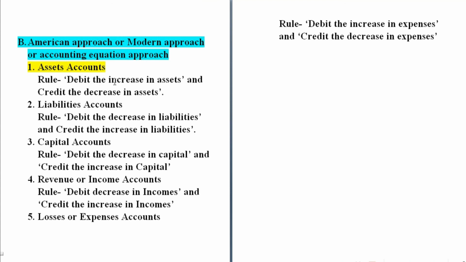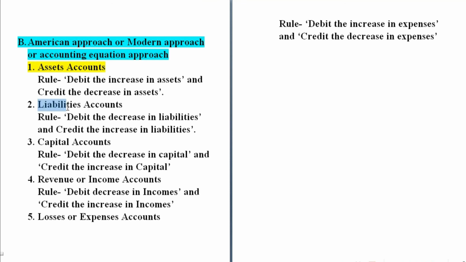Whenever your asset is increasing, like when you're buying a new machine or new furniture, you debit it. And whenever your asset is decreasing, like you're selling it or your cash is going out, you credit. Like machinery purchased for cash: machinery is increasing, debit; cash is decreasing, credit.